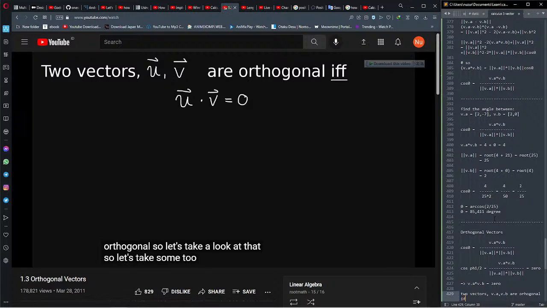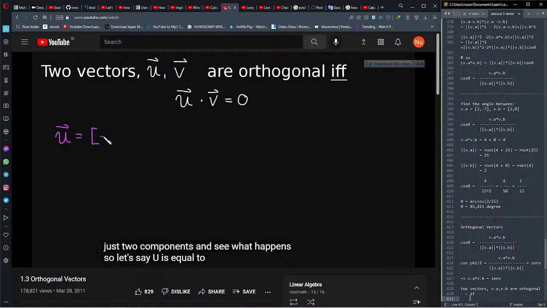So let's take two easy vectors with just two components and see what happens. So let's say u is equal to -3, 4, and v is equal to 4, 3.